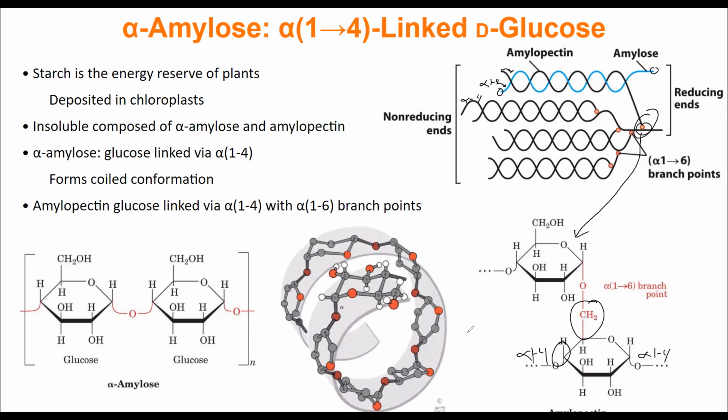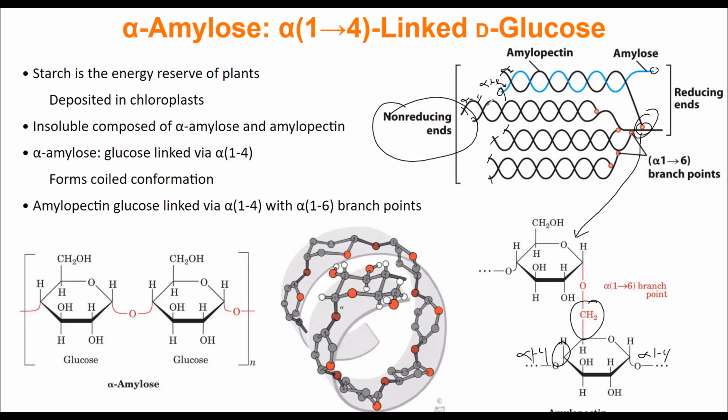What this allows us to do is to access the energy from starch incredibly fast while keeping it somewhat compact. Because for starch, the way we release glucose molecules is through the non-reducing end, right? So plants have an enzyme that will go and cut one glucose off a non-reducing end.